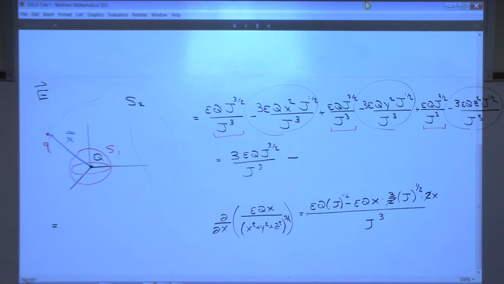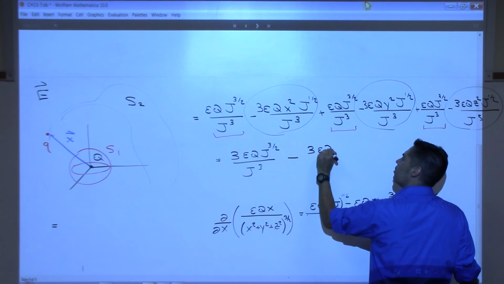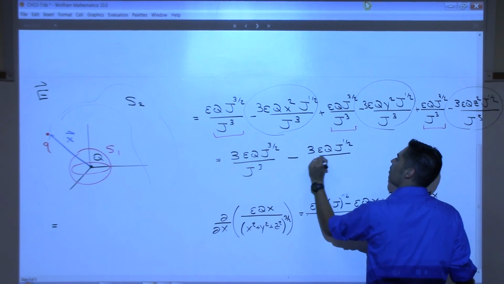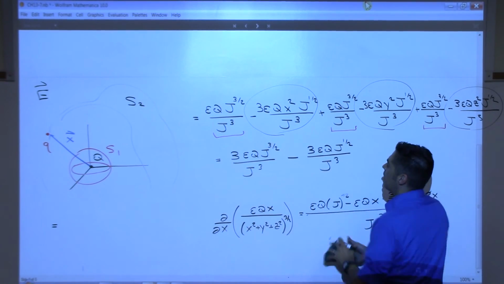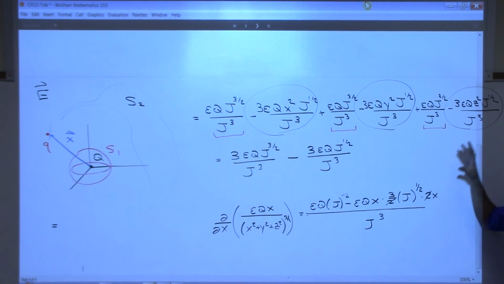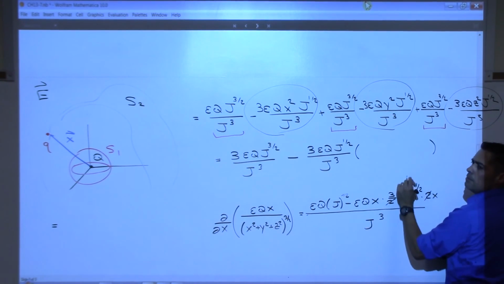Minus 3 epsilon q junk to the 1/2 over junk cubed. That's what they all have in common. So I'm factoring that out of those 3, and what's left over here?